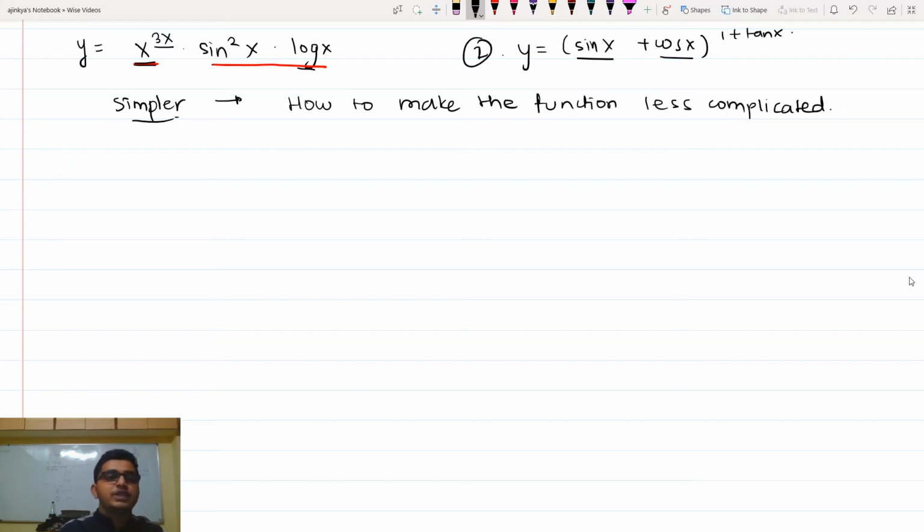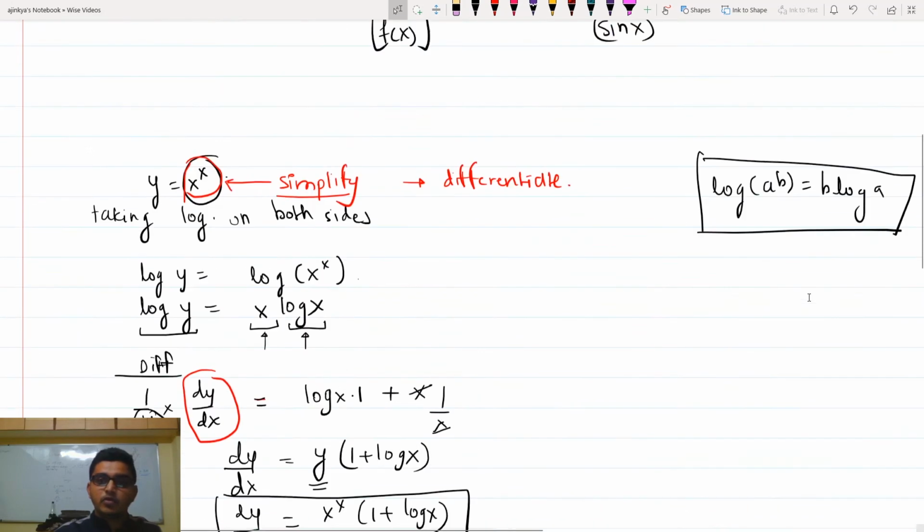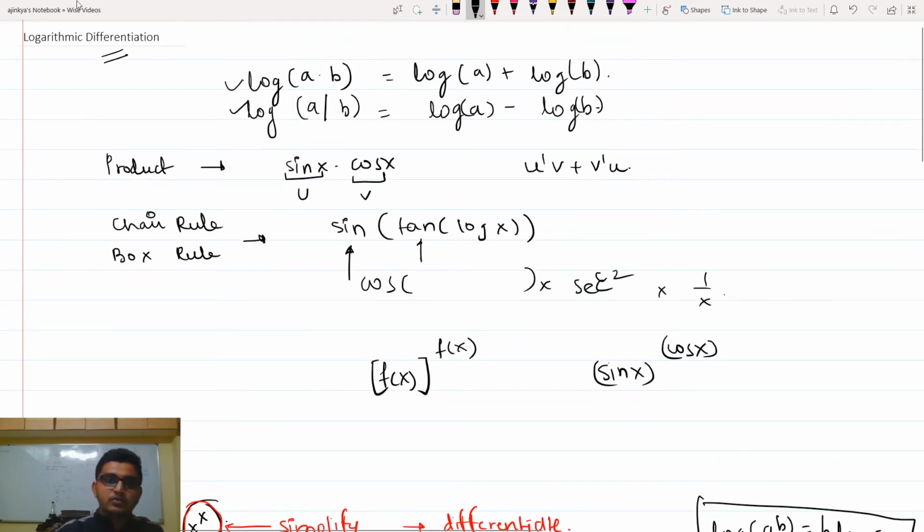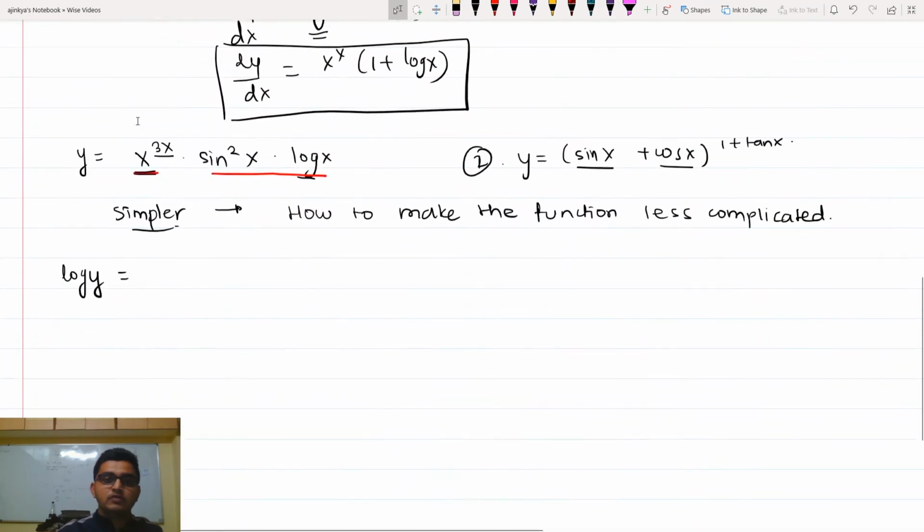So first we'll check the first example. If we take log on both sides, we have log of y equals to, now when you apply log on both sides, we are directly going towards the step which is log of a times b, which is log of a plus log b, right? So we have mentioned that step over here. If you look at this step carefully, you will understand that it is easily convertible into this form.